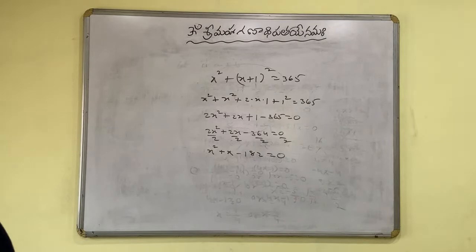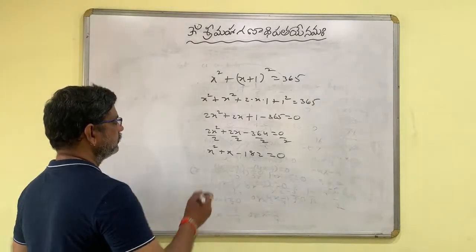We just saw the factors of 182. The middle one is there: 13 and 14, whose product is 182. So what will you do?